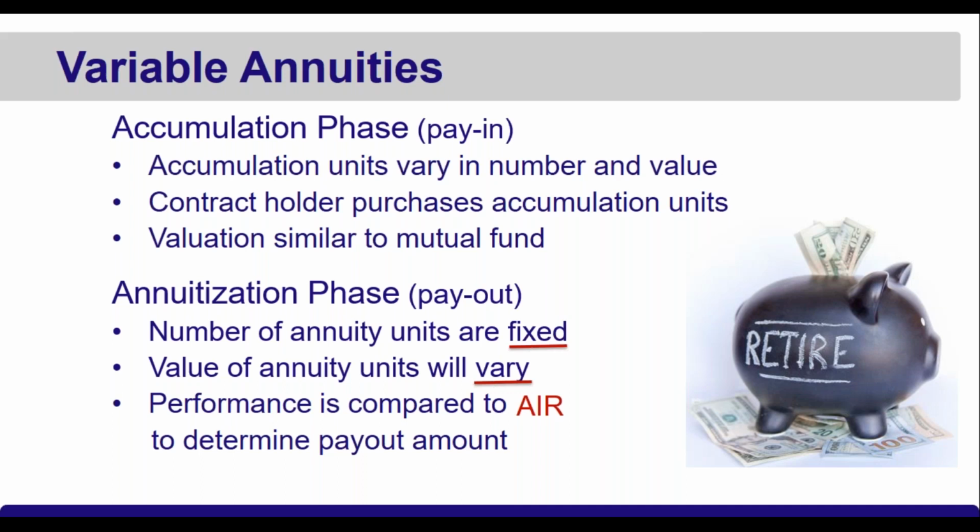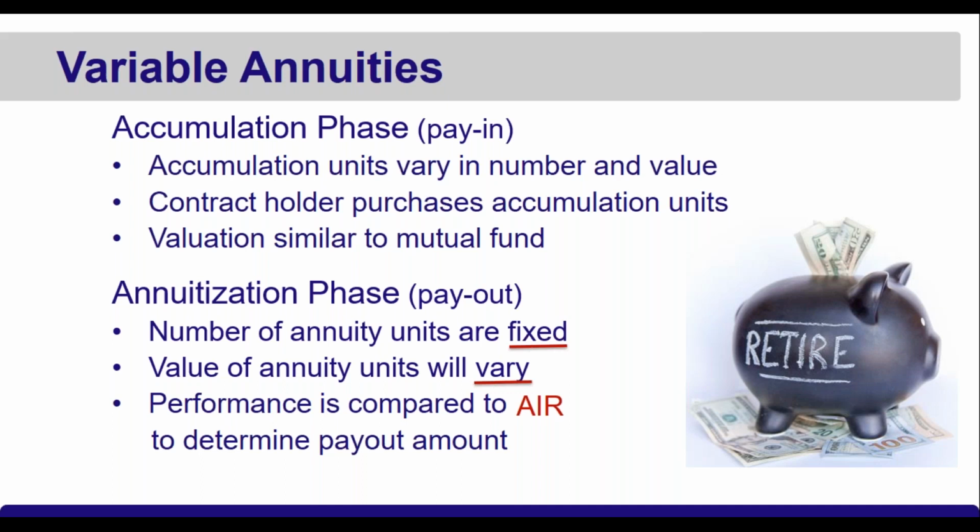So, and why I bring this up is because you want to pay attention to the reference to units. So you don't have shares. Okay, it's an insurance product, so we don't talk about funds. We talk about sub-accounts. And you don't talk about shares. You have units. So during the pay-in phase, okay, I'm purchasing what are called accumulation units, which makes sense.